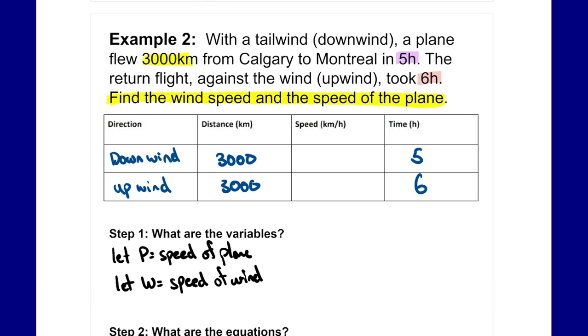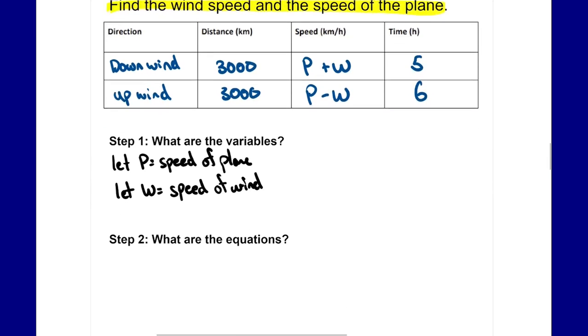So again, similar to the canoe, downwind, I'm traveling with the wind, so my overall speed is going to be the speed of the plane plus the speed of the wind. And when we're traveling upwind, it's going to be the opposite. We're going to subtract the speed of the wind.